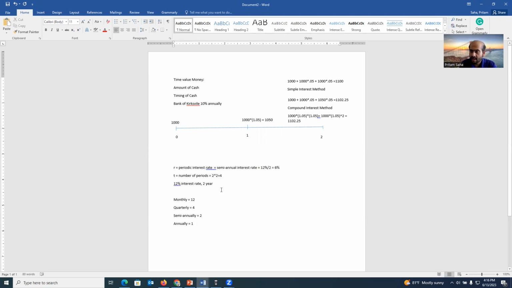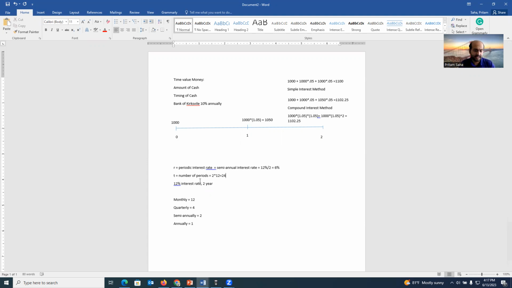Now, if you want to invest the money for 2 years, but with monthly compounding, the total number of periods should be 2 times 12, which is 24. Let's make it a little clearer in notation terms.